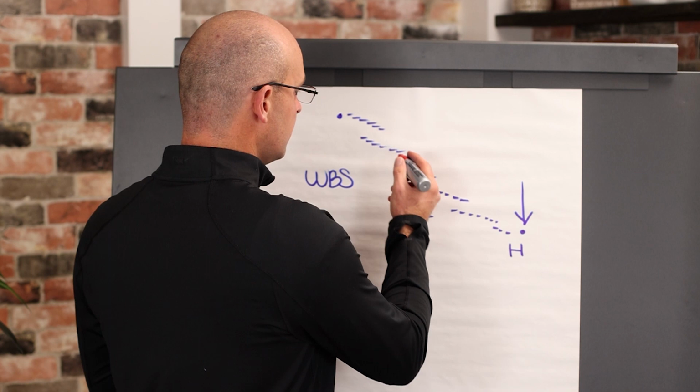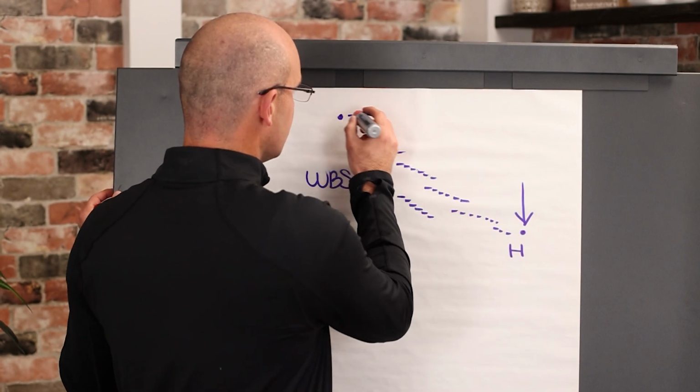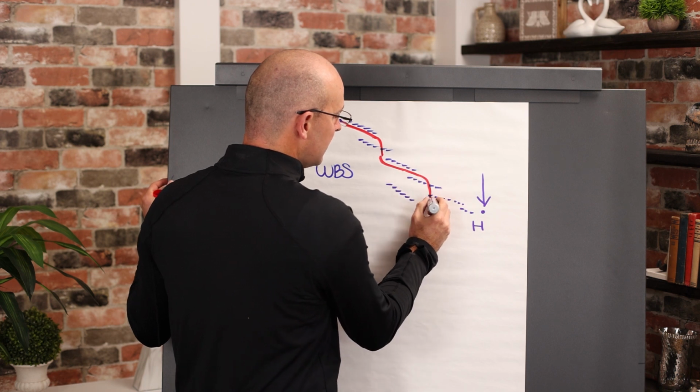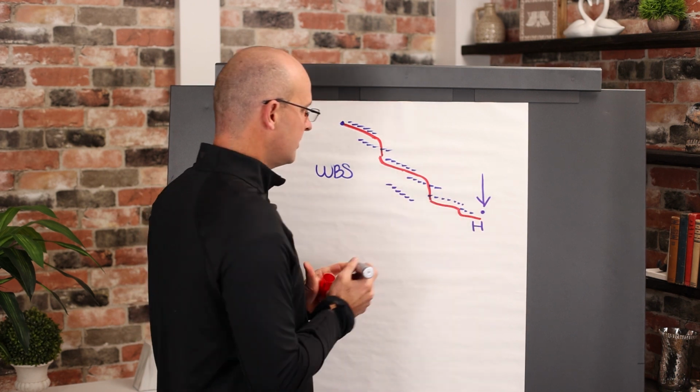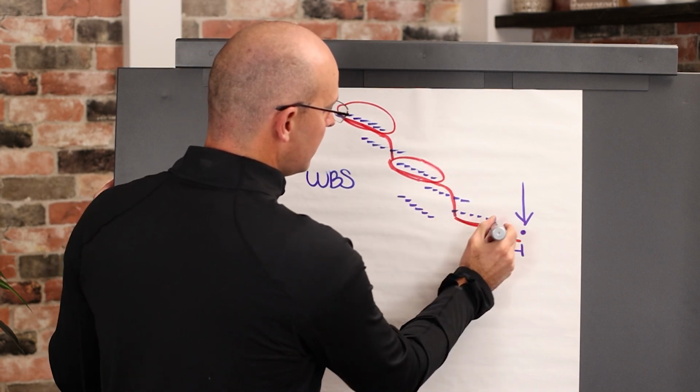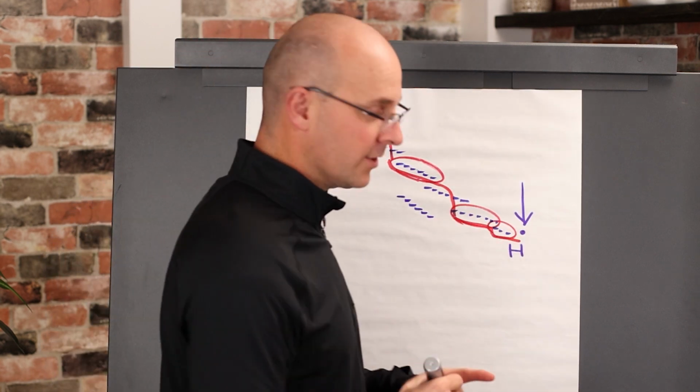And so it will tell you what is the critical path. So I'm going to draw red through this as an example of, hey, maybe this was your critical path. So this sequence right here, this sequence right here, and these 2 right here were on the critical path.